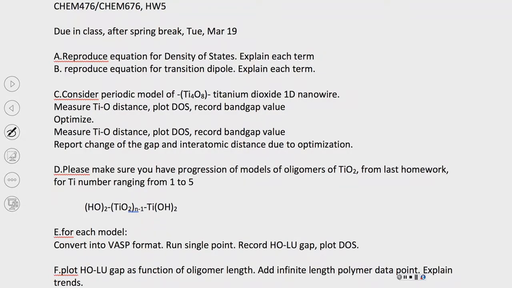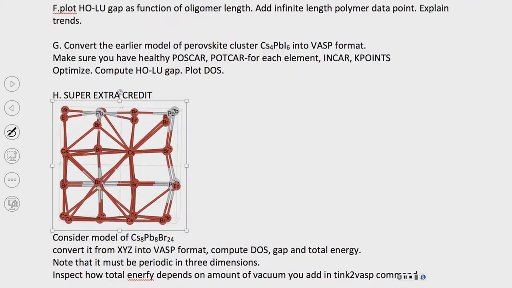There is a last point, super extra credit. It's extra credit. It is not mandated, but if you consider yourself a potential researcher of perovskites, you may try doing it.